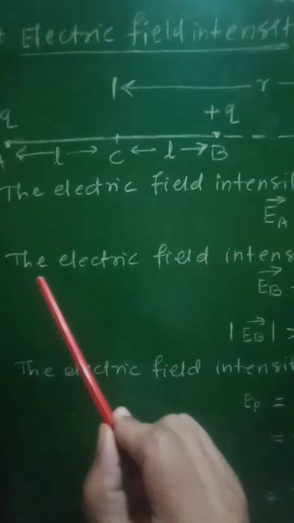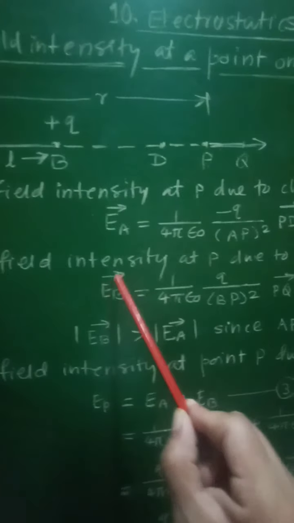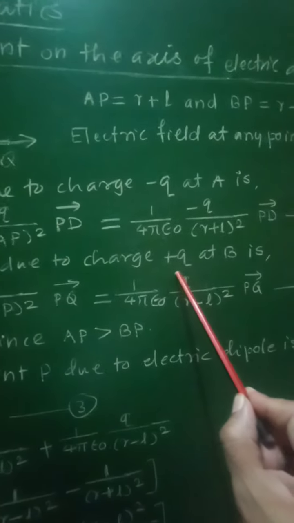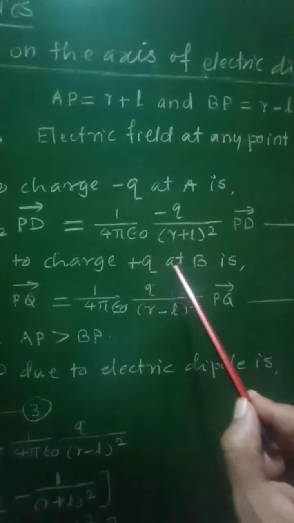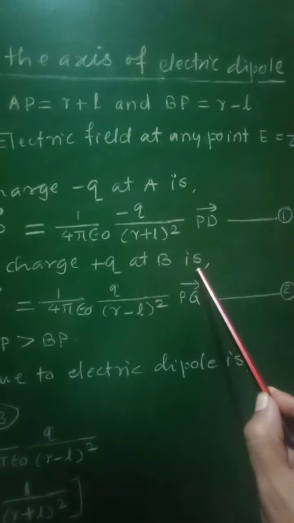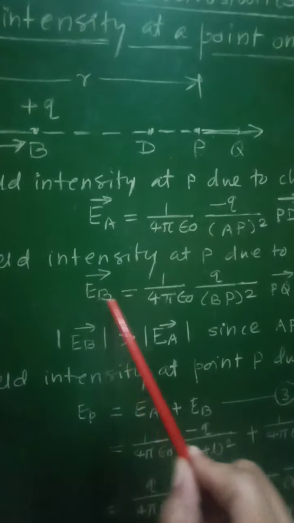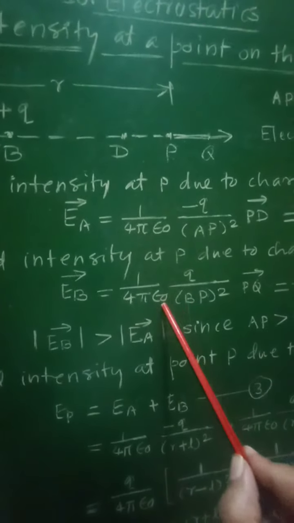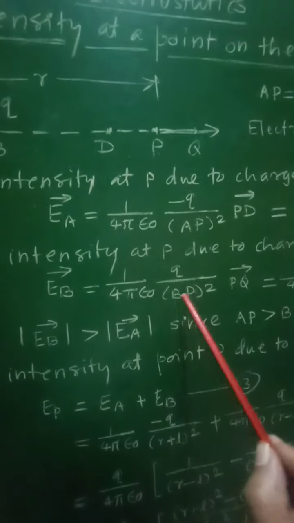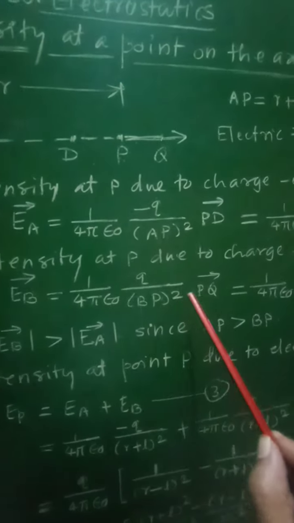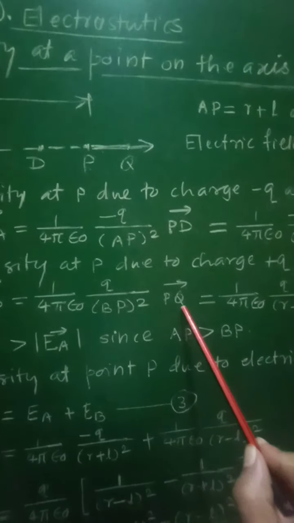Now, the electric field intensity at point P again, due to charge plus q which is situated at point B, will be given as vector EB equals 1 upon 4 pi epsilon 0 into q upon BP square, but BP is equal to R minus L, and into this unit vector PQ.